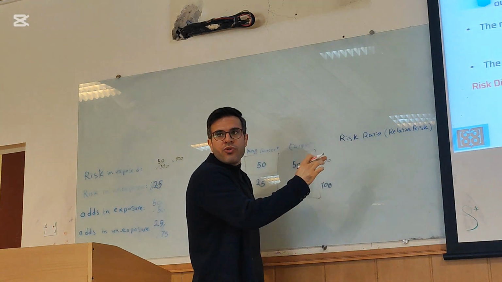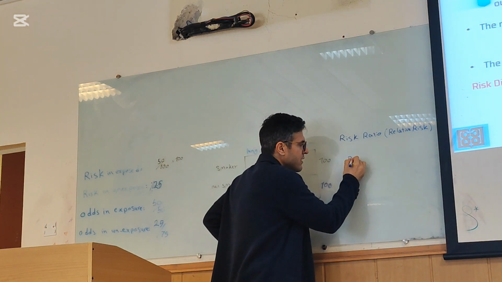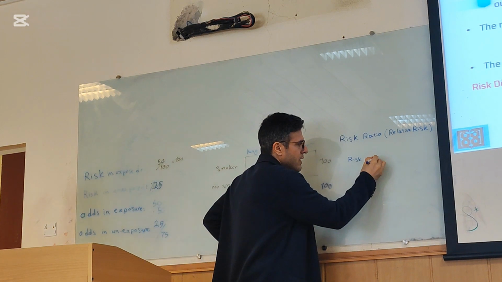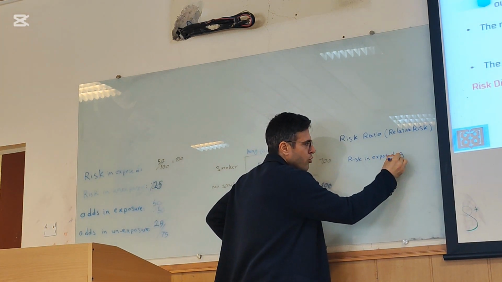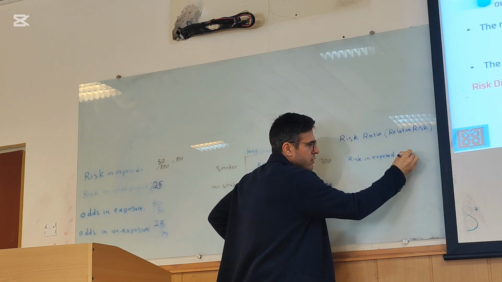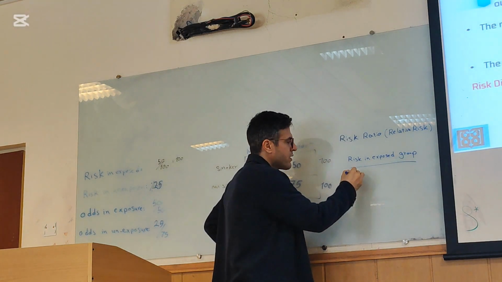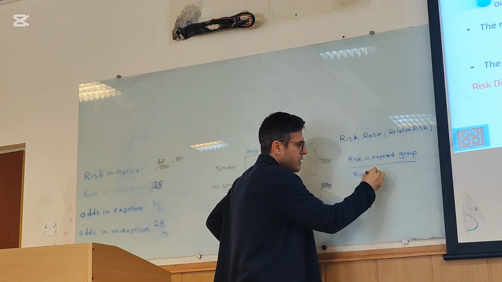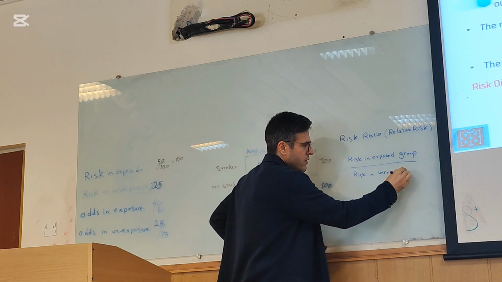Risk ratio or relative risk means the risk in the exposed group divided by the risk in the unexposed group.